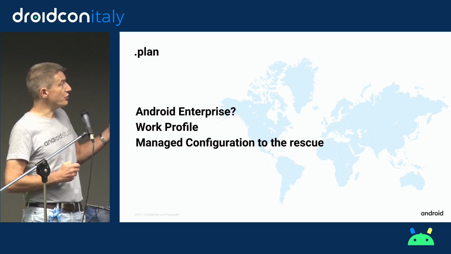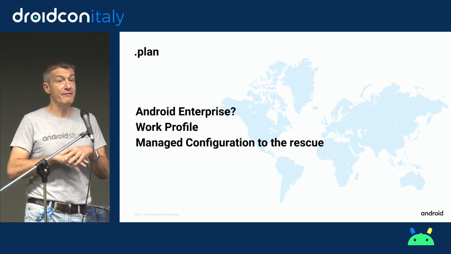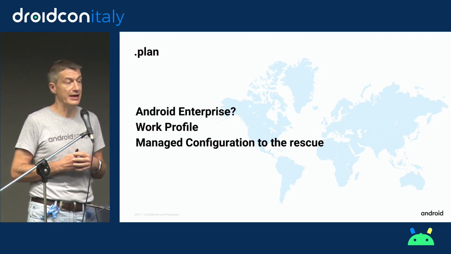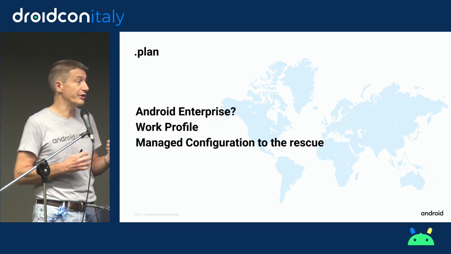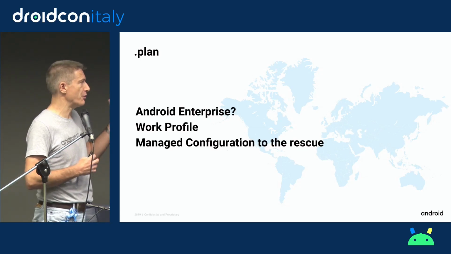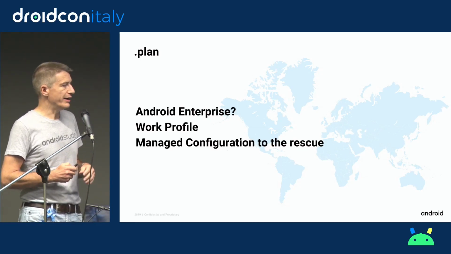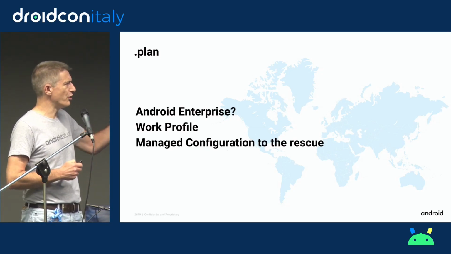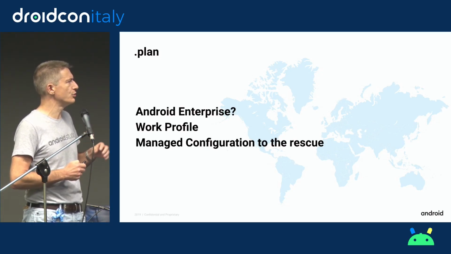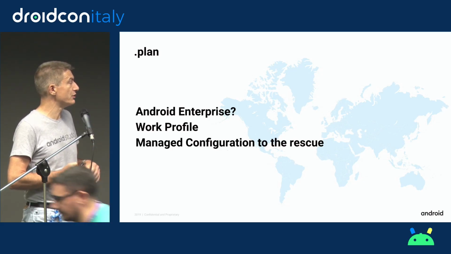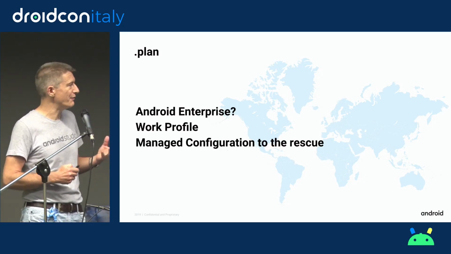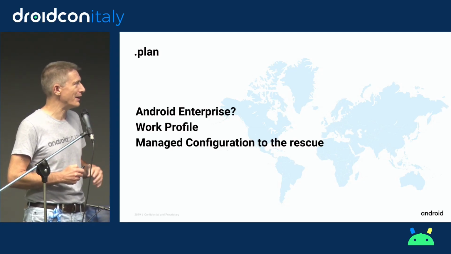And managed configuration, a very powerful system that allows an application on a managed device to be set up remotely from the IT organization, from the managed Google Play. This is going to cover the functionality, how to use it in the code, and how to test it, which is probably the most important part.